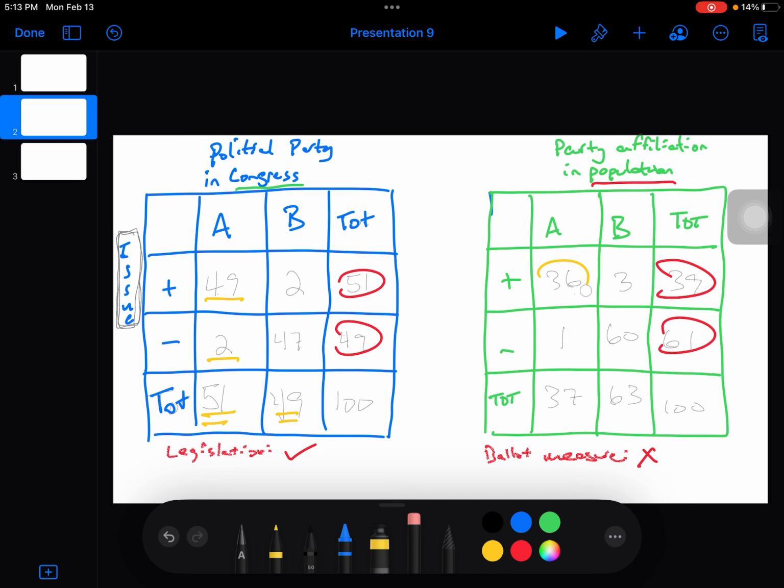But you see that a ballot measure, a thing that would be very popular in the population, would not pass maybe in a situation like this. And the example given here is that a ballot measure passed in the government, but it was actually not representative of the majority of the population. And it's also quite possible that beyond the party affiliation or representation or proportionality of people identifying with parties in the population versus in Congress, it could just be the issue.